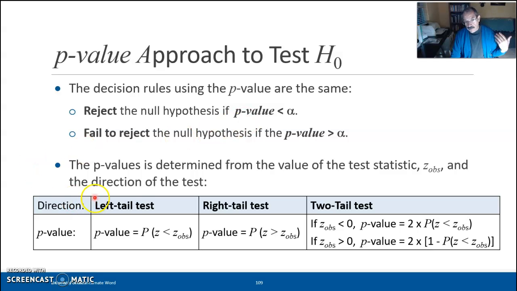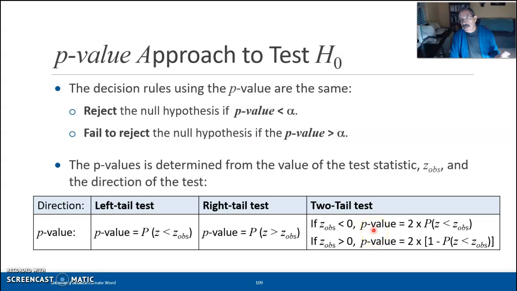And then finding the p-values is exactly the same thing that we did in Module 9. If you have a left tail test, the p-value is the probability to the left of the observed value of the test statistic. If you have a right tail test, then the p-value is the probability to the right of the z observed.